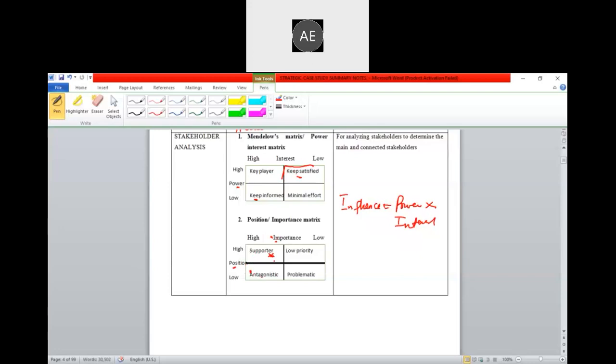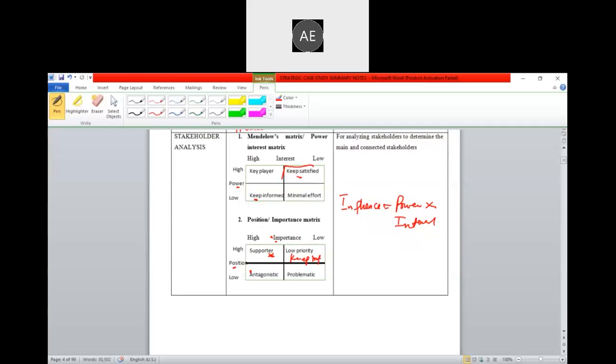Then a stakeholder who has low importance, right? Low importance, but high position on a certain matter. That stakeholder is referred to as low priority stakeholder. So low priority stakeholder is very similar or the same as what? The keep informed as in Mendelow's matrix.